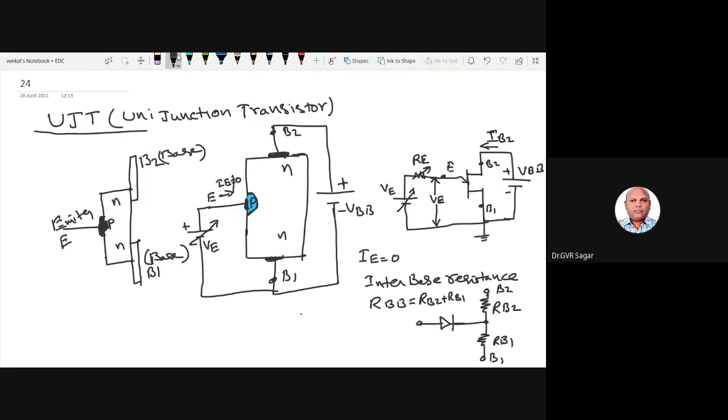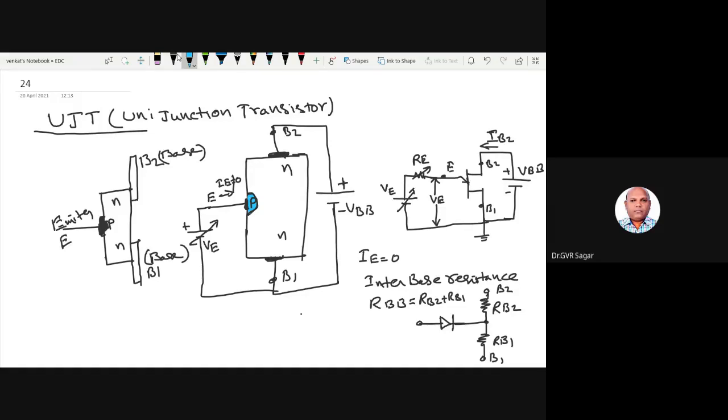Now, when I is not equal to 0, I am applying some voltage here. What happens? This junction becomes forward biased. When this is forward biased, there is a voltage drop across the junction, right? There exists a barrier across the junction.